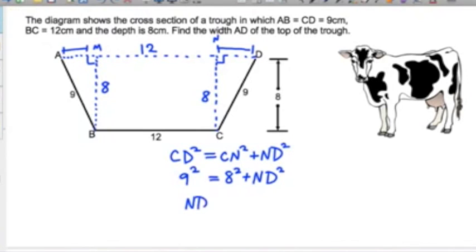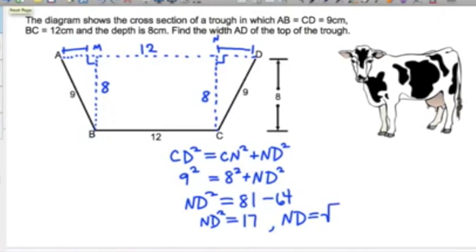So ND squared equals 9 squared, which is 81, minus 64, which means ND squared equals 17. So ND equals the square root of 17. So it's the square root of 17 centimeters.